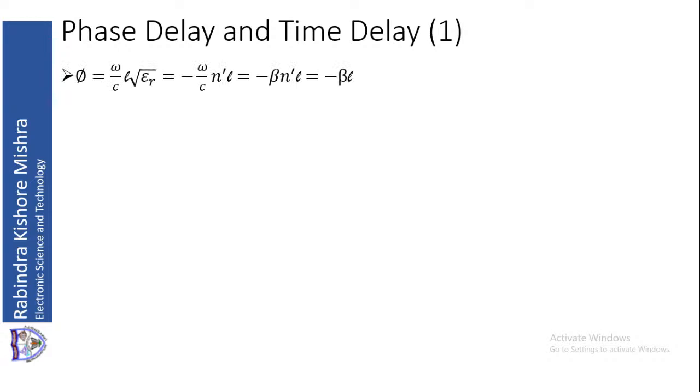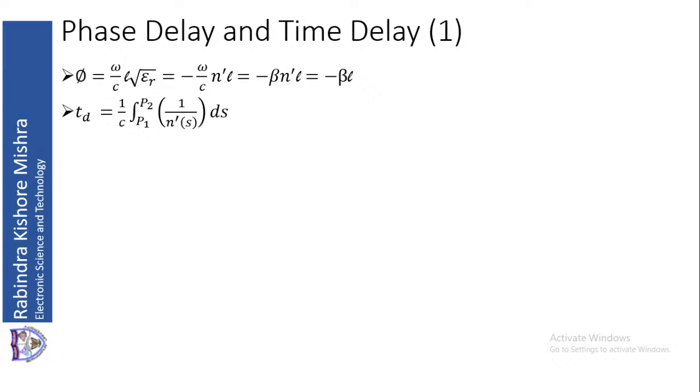When it is propagating in this ionic medium, what is the phase delay and what is the time delay over a path? Now phi, we have found out the phase difference is omega by c l root over of epsilon r. That we also saw, that minus omega by c n dash l, which will be beta n dash l, which is minus beta l. N dash l we can take as l. N dash is equal to 1, approximately 1.